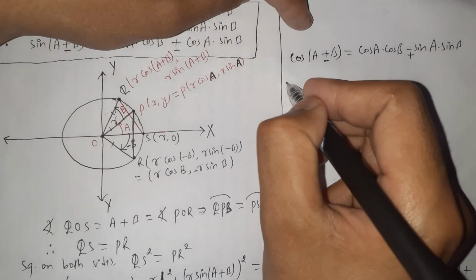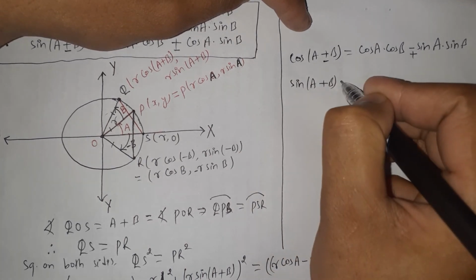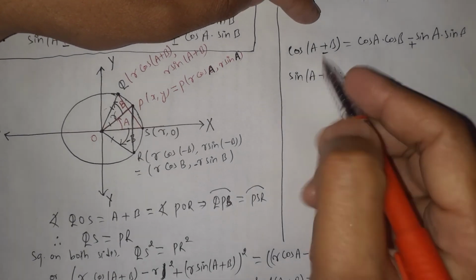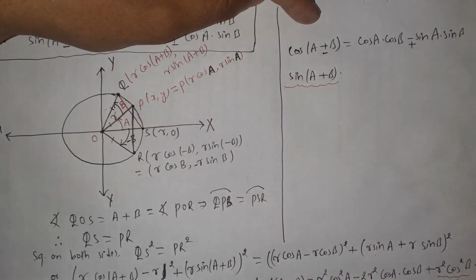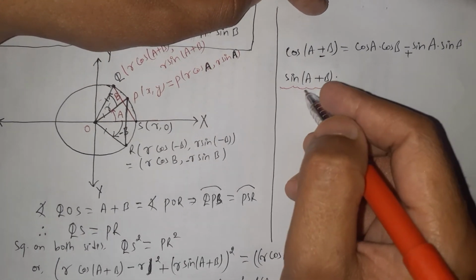Now the turn of sin A plus B. Now we calculate the formula for sin A plus B using this relation. For sin A plus B, we have the relation between the cosine and the sine.